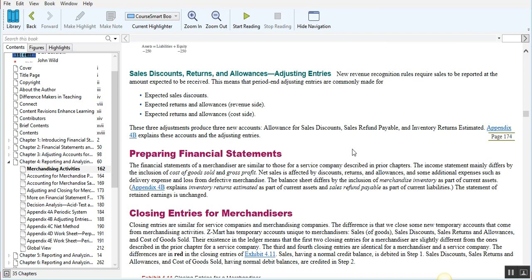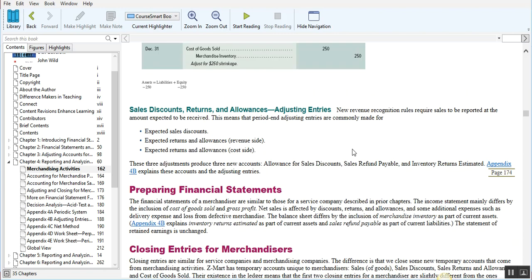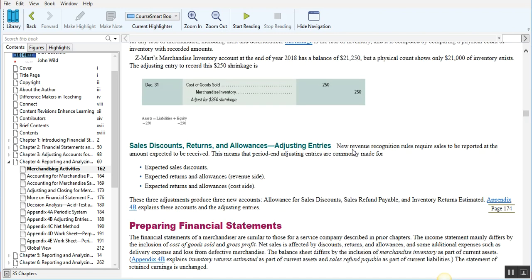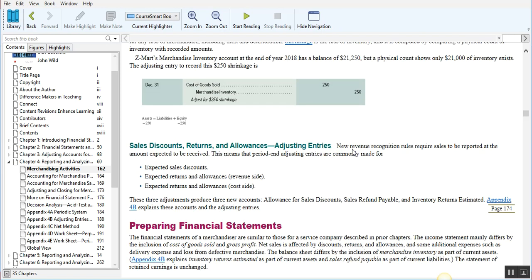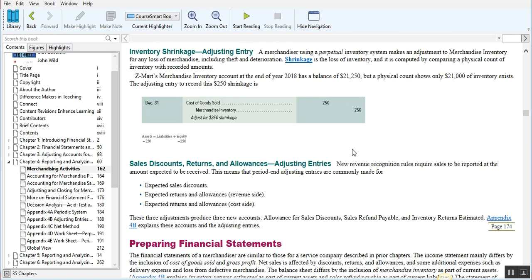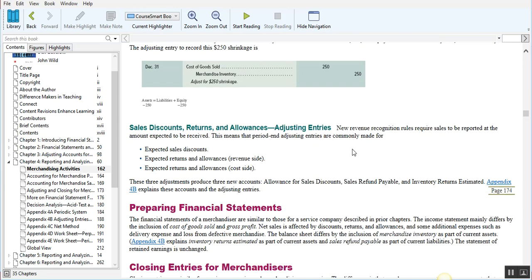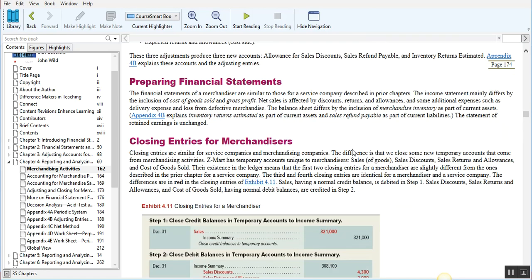Any of those accounts, like sales discounts, returns and allowances, you may have adjustments in those because of different items like this, where you're adjusting for a return or inventory shrinkage or something of that nature.